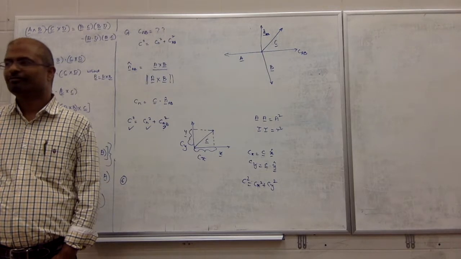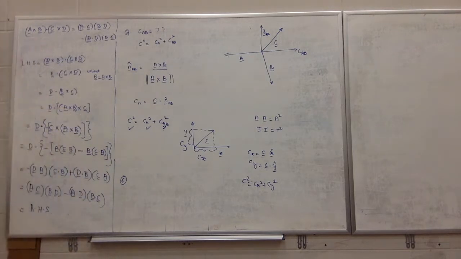What is the dot product definition? A dot B is AB cosine theta, where theta is the angle between the vectors.